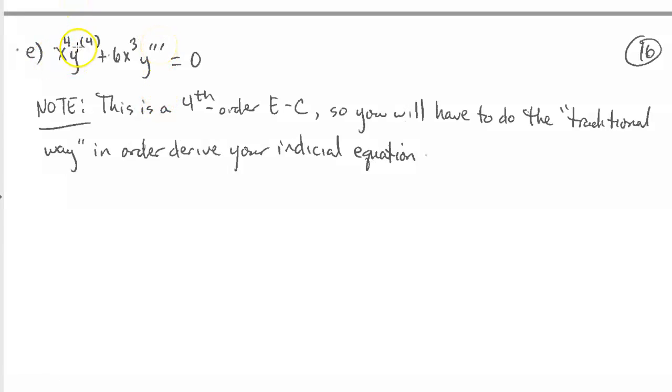So since this, again, is a fourth order Euler-Cauchy, we are going to have to do this what I call the traditional way, which is basically find the successive derivatives of y so that we could sub everything in and figure out what our indicial equation is. So we'll go ahead and get started with that. So if y is equal to x raised to the r is a solution, then of course that means the first derivative is going to be r.